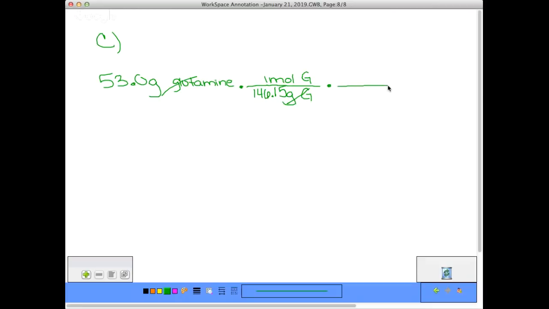What I now also know, I want to get to atoms of oxygen. So what I need to get is like 2 moles. So let me look at my math. So I know that 1 mole of glutamine has 6.02 times 10 to the 23rd molecules of glutamine.